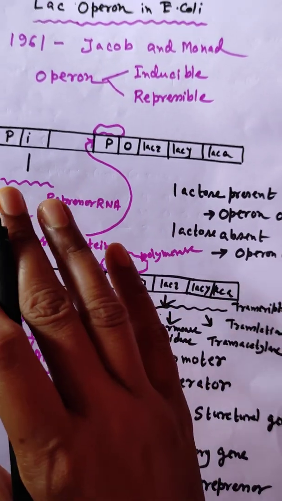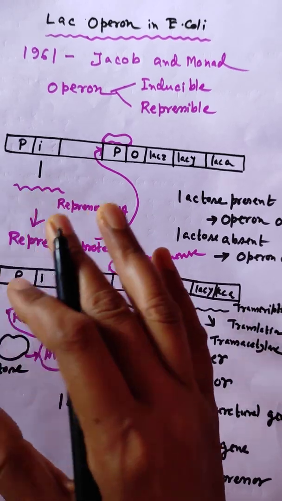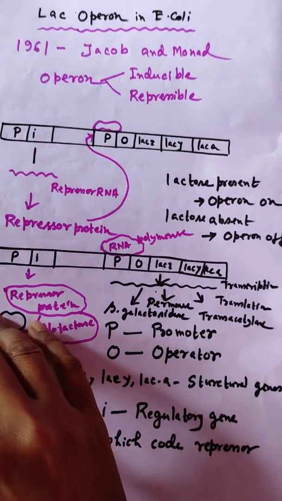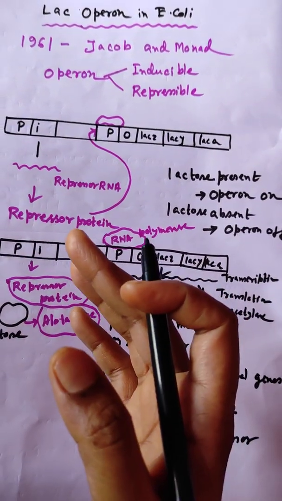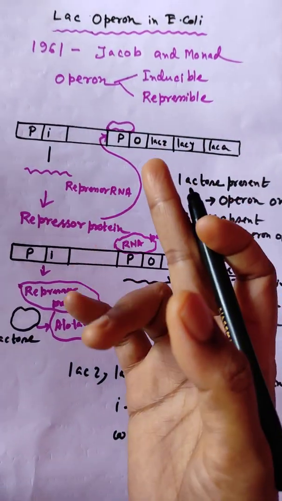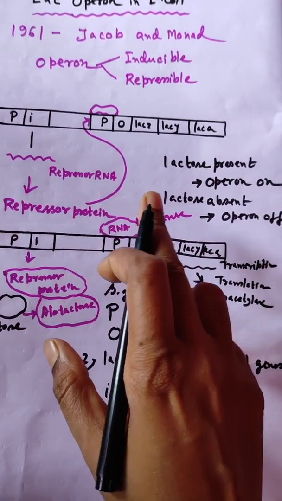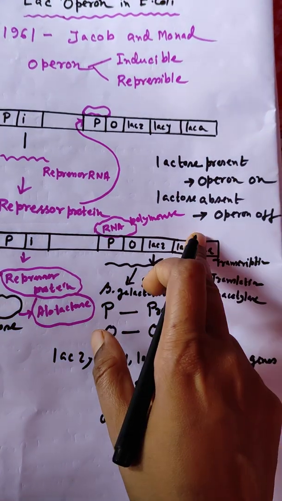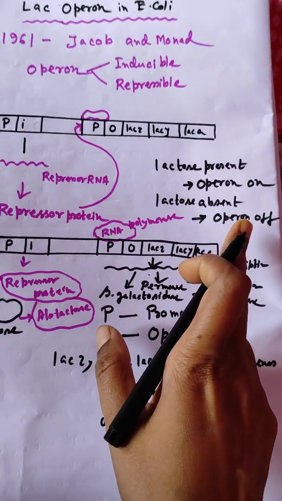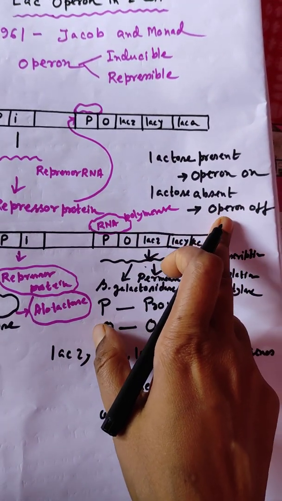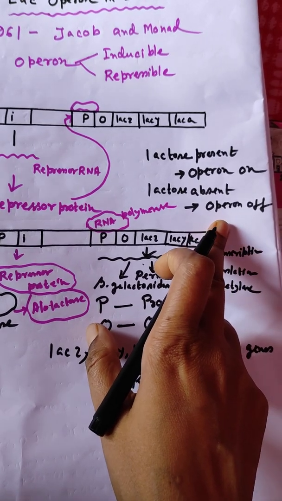Because the lac operon is for the breakdown of lactose. When lactose is absent in the media, there is no need for the lactose operon. So when lactose is present in the media, operon is on, and when lactose is absent in the media, operon is off.